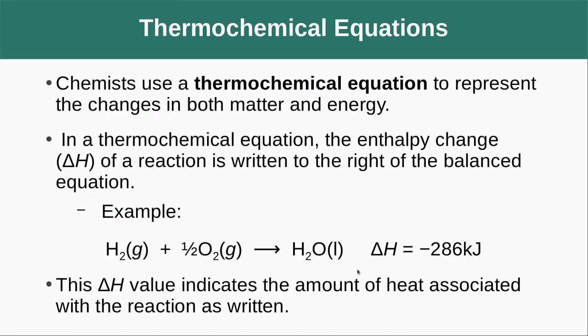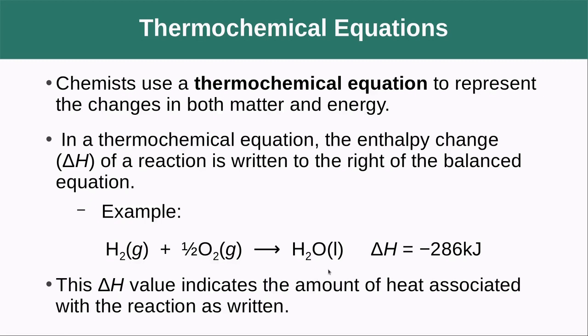We will have situations later where we make this an intensive property. Just like we did with specific heat, we're going to divide this by some quantity that makes it intensive. In this case, we're going to divide it by the number of moles that have either reacted or been produced.